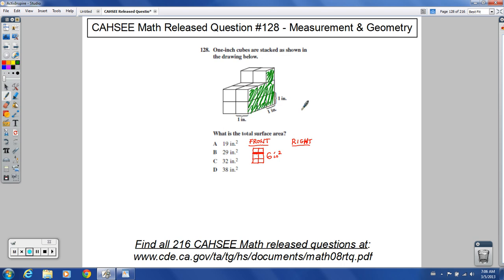I'm looking directly at it from this way. That's what I'd be able to see. And so again, don't shade that in, but let's draw that down here. We'd be able to see from the right side those 7 boxes. Those 7 boxes, you'd have 7 inches squared.